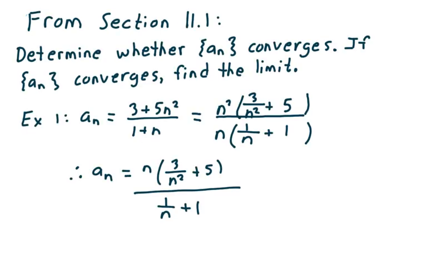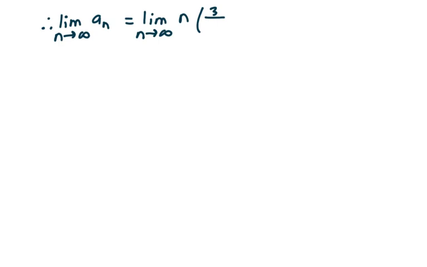So therefore, I'm going to take the limit as n goes to infinity of a sub n. This is the limit as n goes to infinity of n times 3 over n squared plus 5 divided by 1 over n plus 1. Now, as n goes to infinity, 1 over n is going to go to 0.